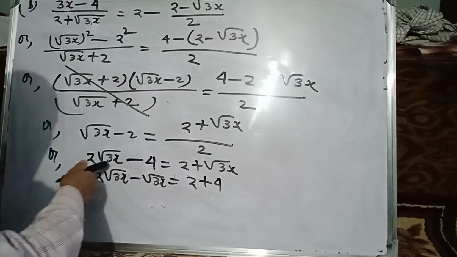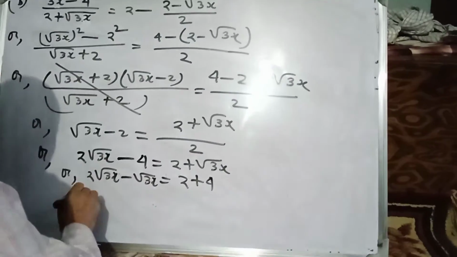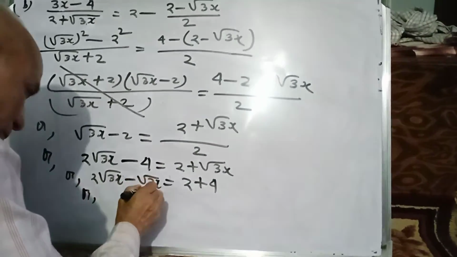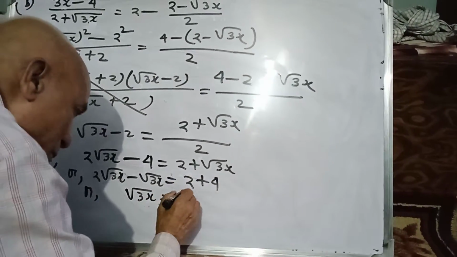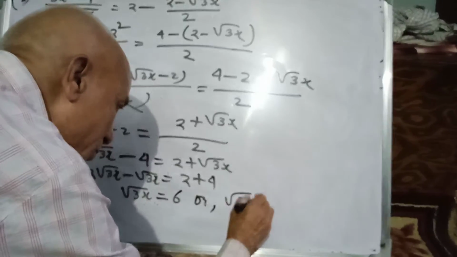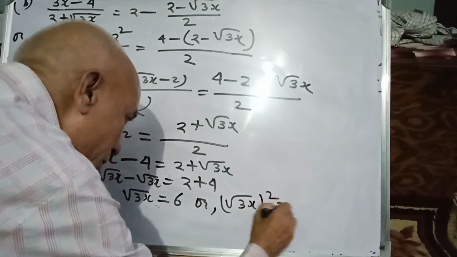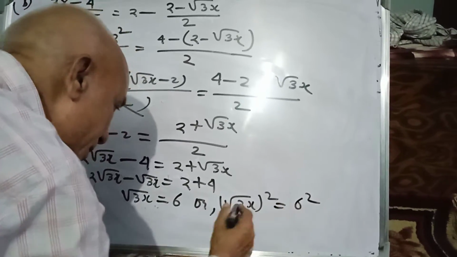Collecting like terms, root 3x, like terms 2 and 4, so 2 root 3x minus root 3x, root 3x equals 2 plus 4, 6, or root 3x whole squared equals 6 whole squared. Then write squaring both sides.